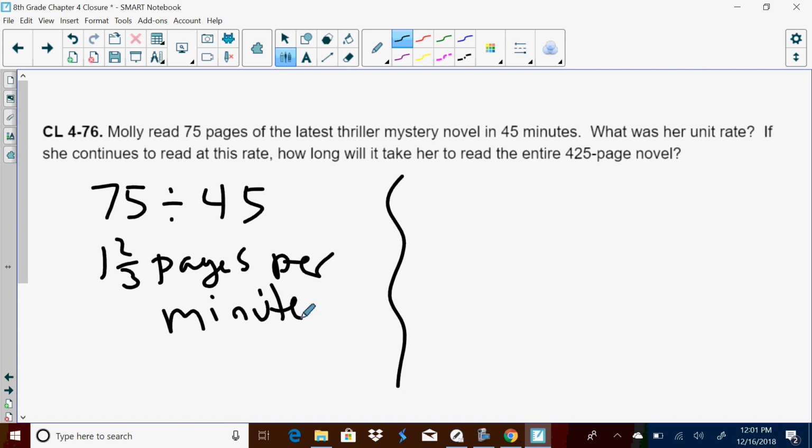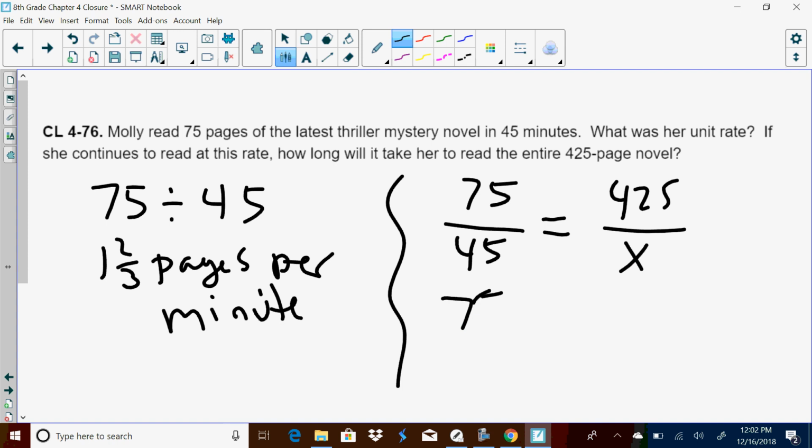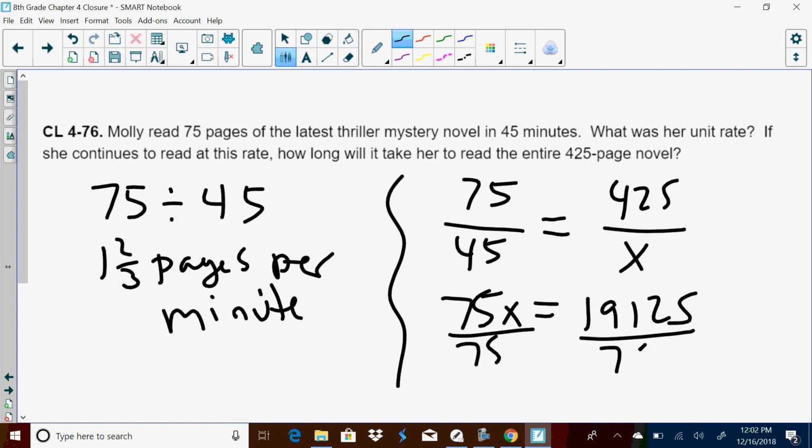And then to figure out when she'll finish, I did 75 over 45 equals 425 over x. I got 75x equals 19,125. And it turns out it'll take her 255 minutes.